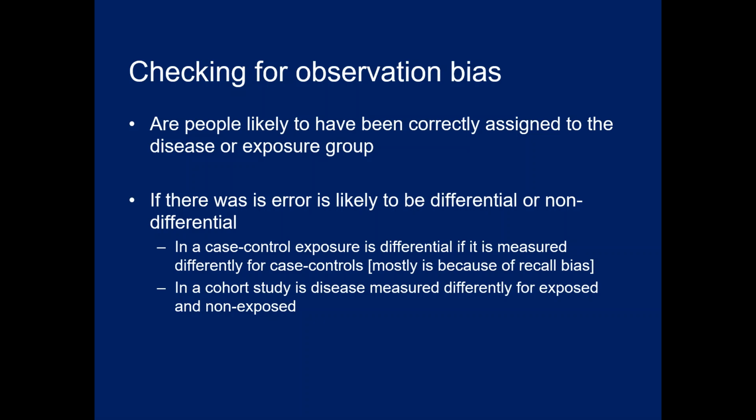And one of the ways that we can minimize observation bias, particularly with subjective measurements, is to blind perhaps the person reading the slides, certainly if it's a randomized controlled trial, blinding the person taking the medication to what they've been given.